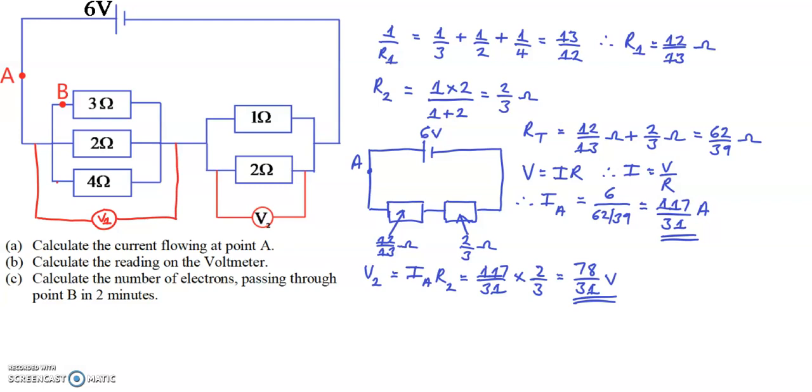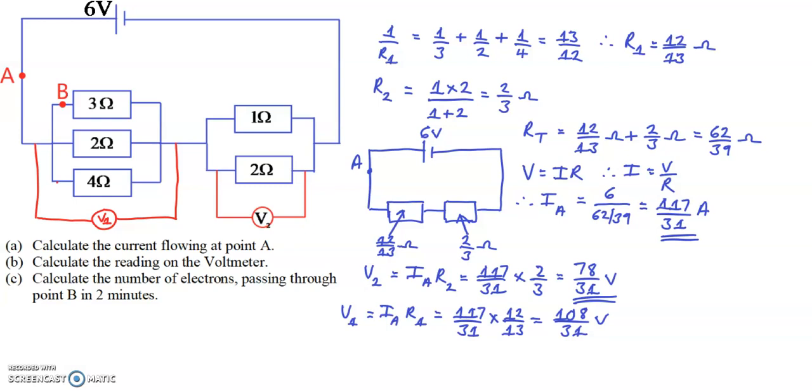So again, applying Ohm's law, we have V1 equals IA times R1. So that voltage is 108 over 31 volts. You could check to see whether V1 and V2 are correct by adding these two together, and they should give you the cell voltage, which is 6 volts.